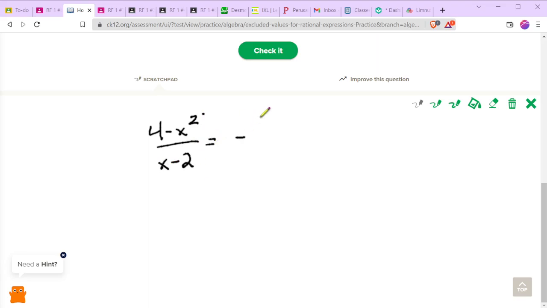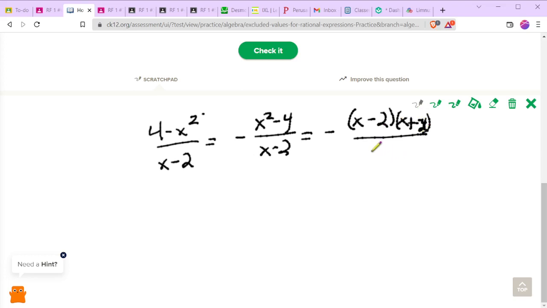We could pull out an overall factor of -1 to make our numerator x squared minus 4 over x minus 2, by factoring a -1 out of that binomial in the numerator. And now we could factor our numerator as the difference of perfect squares. That's x minus 2, x plus 2 over x minus 2. The x minus 2's cancel, and we have a negative x plus 2.